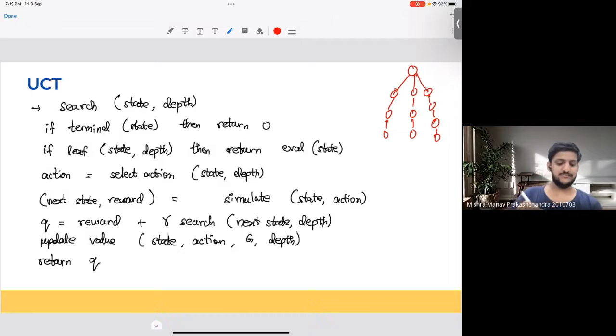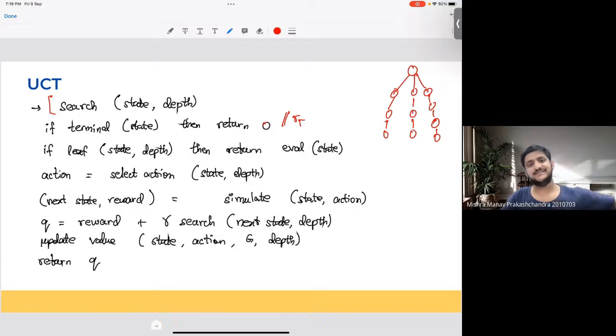The algorithm looks like this. This is the search algorithm. If I'm at the terminal state, then return zero. This zero is just an abstraction. This could very well be my r of capital T, the reward you get on reaching the terminal state, but let's assume it's zero here. If it's a leaf state, then you return the evaluation of that state.